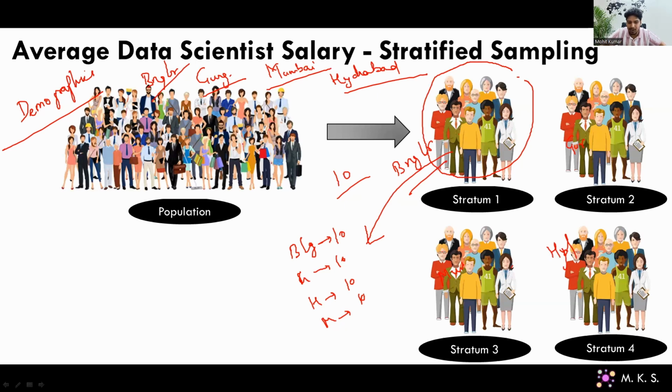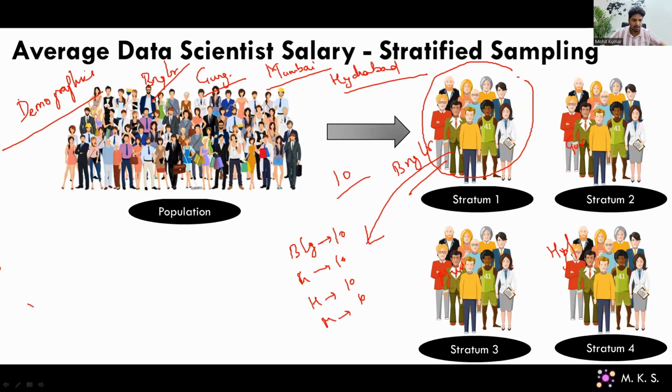Our sample will be more representative of the population because we are looking into the characteristics of the population, and based on that, we are collecting the sample units. Right? So inside this stratified sampling, there are two steps. First, create strata based on the population characteristics. Now, this is one characteristic we are looking at.